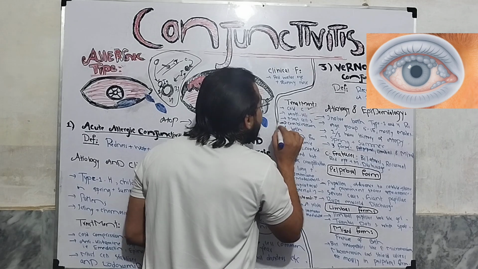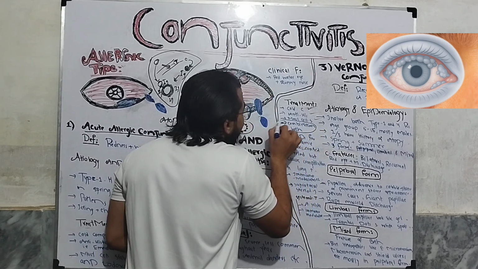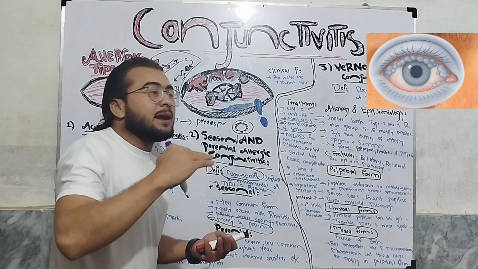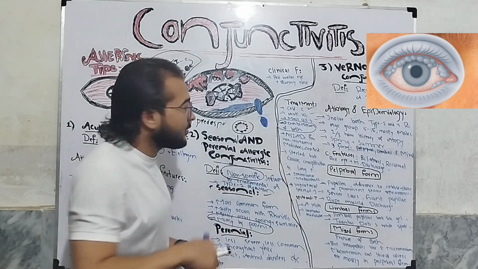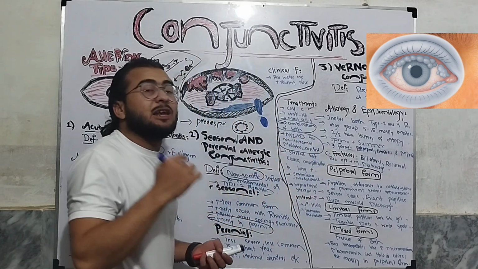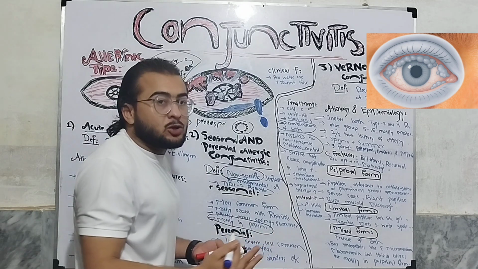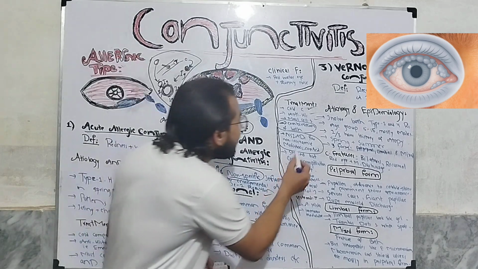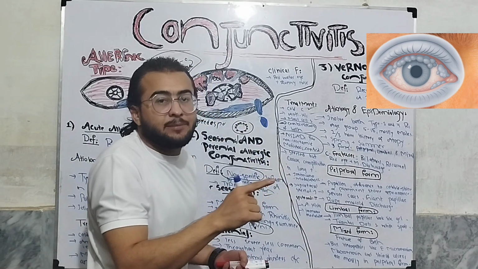Okay, and they will have a more beneficial effect because azelastine and ketotifen contain both antihistamine and mast cell stabilizer. Okay, and NSAIDs can also be given. Non-steroidal anti-inflammatory drugs can also be given, and they will give more comfort to the patient. Why? Because they will also block the non-histaminic mediators.